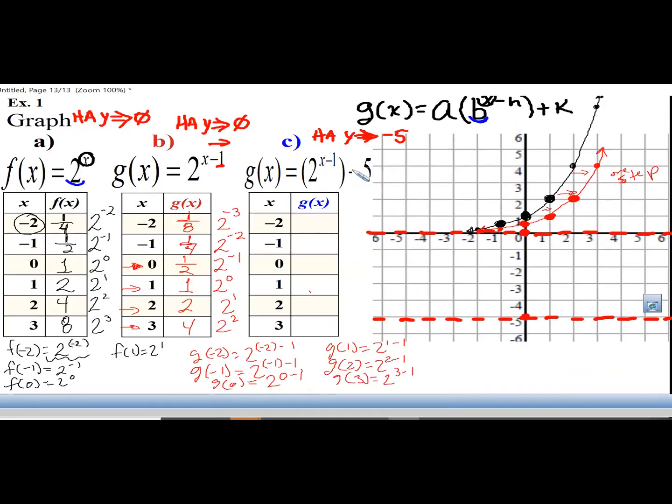Let's see, where are we at? Oh yeah. So let's look at this. We're focusing on the original parent function, which is f of x equals base 2 to the x. Now we have more transformations on this one. So what will happen to the original black function that we sketched first, the parent function, according to these transformations that we have here? Do they have the same base? Yes. Do they have an x?